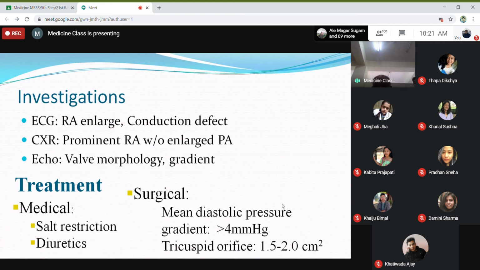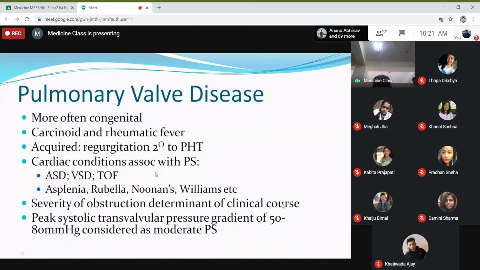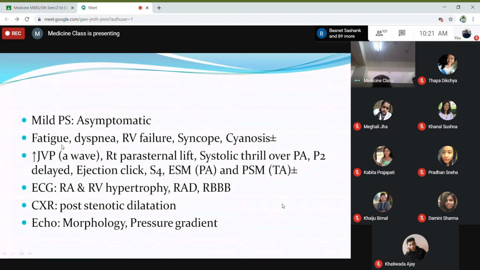Pulmonary valve diseases are very rare, and mostly because of congenital heart disease. Patient may complain of fatigue, dyspnea, syncope, with right ventricular hypertrophy.